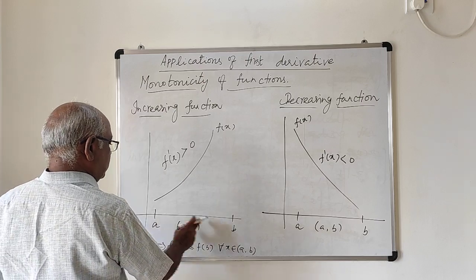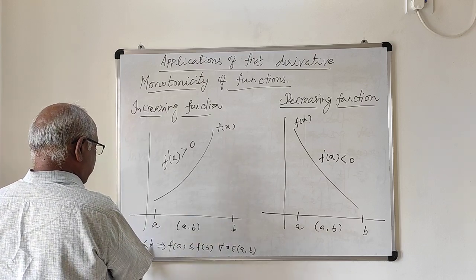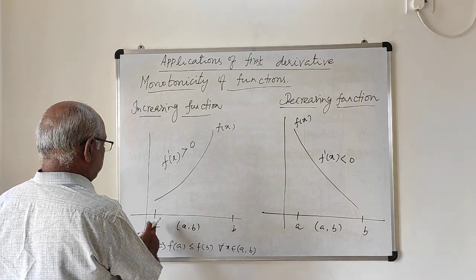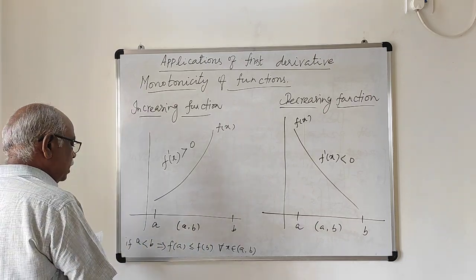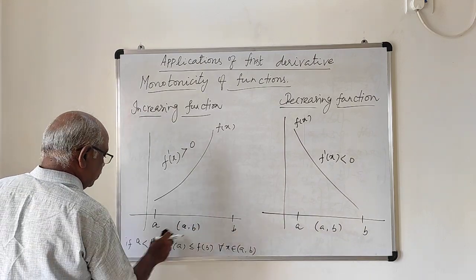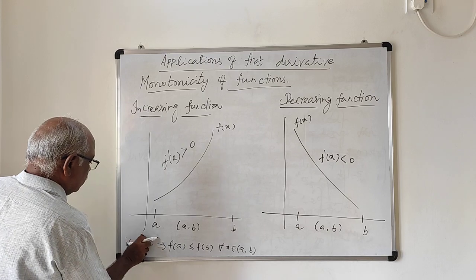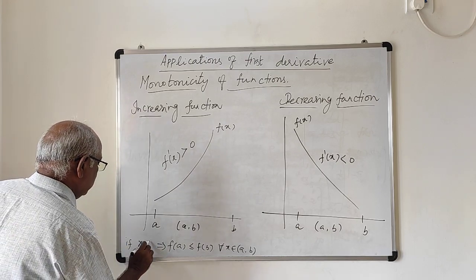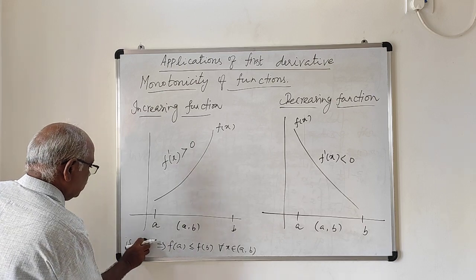In this interval, if you find any 2 points a and b with a less than b, say instead of a comma b, because the interval is also a comma b, we will consider the 2 points x1 and x2, for example x1 less than x2.